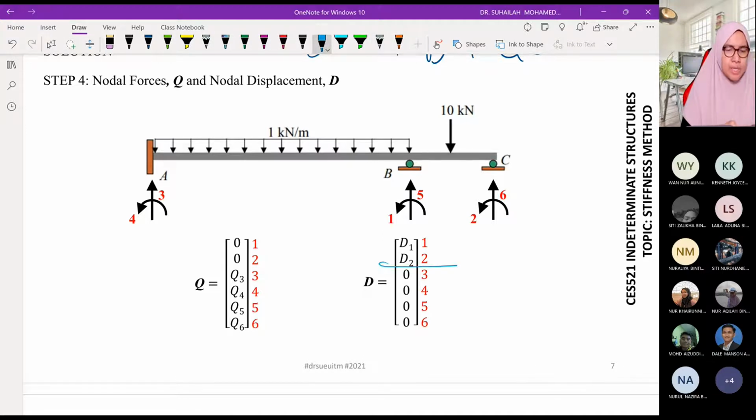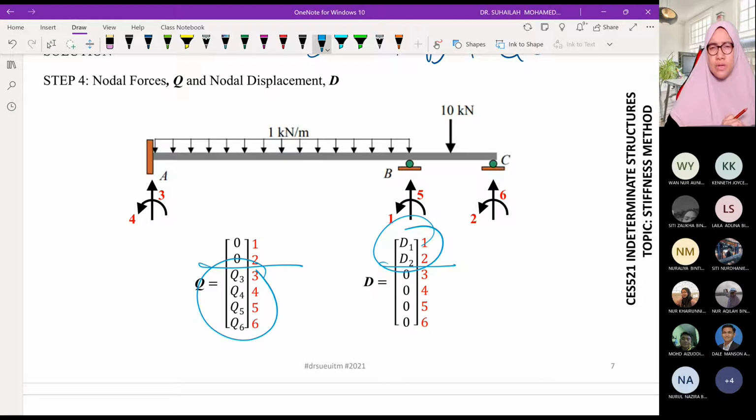Not the boundary, this is the separator between unconstrained and constrained system. So this is D1 and D2, and this is unknown reaction at the support 3, 4, 5, 6. D1 and D2 is for unknown displacement in unconstrained system.